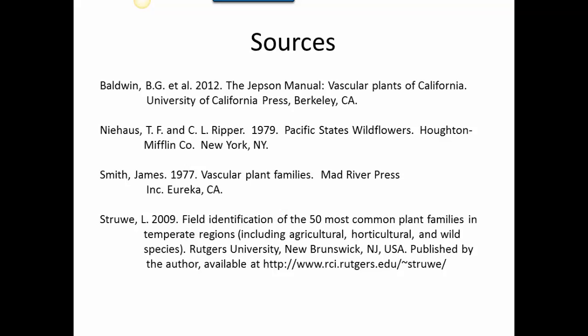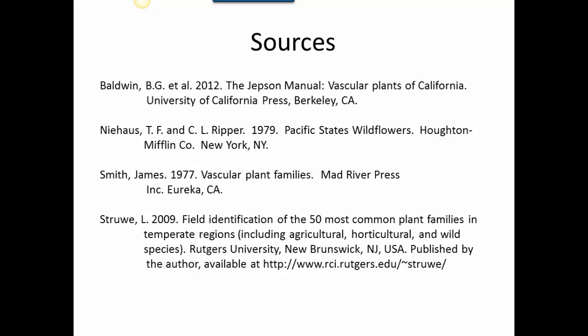So these are some of the sources that I referred to in generating this presentation. Again, the goals are that you understand the differences between these large groups of angiosperms. So the basal angiosperms, how do they differ from the monocots and the eudicots, and what's the difference between the monocots and the eudicots?